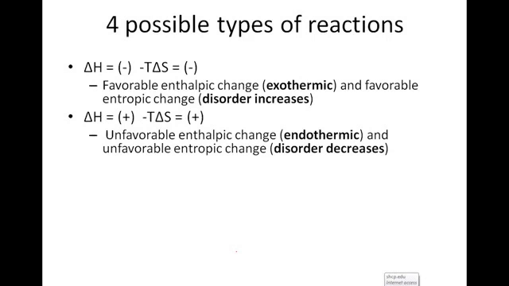If you have a positive delta H and a positive T times delta S, that means you're dealing with an endothermic reaction, but you are dealing with an organized reaction.